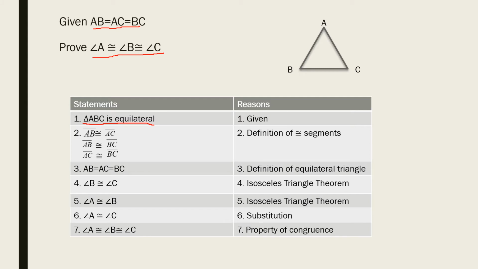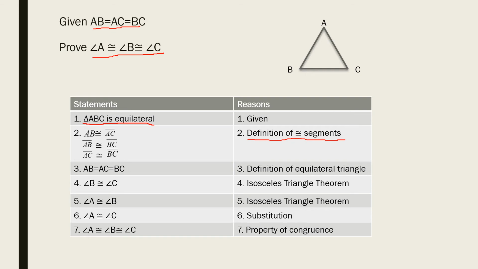The second statement is side AB is congruent to side AC, and also side AB is congruent to side BC, and also side AC is congruent to side BC, and this is by definition of congruent segment.